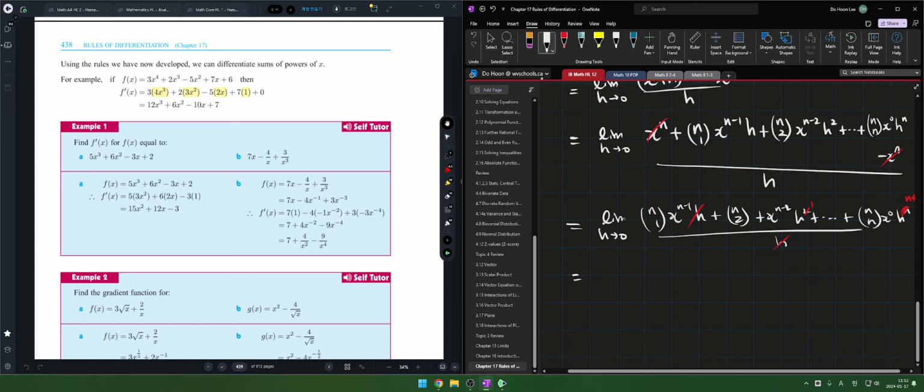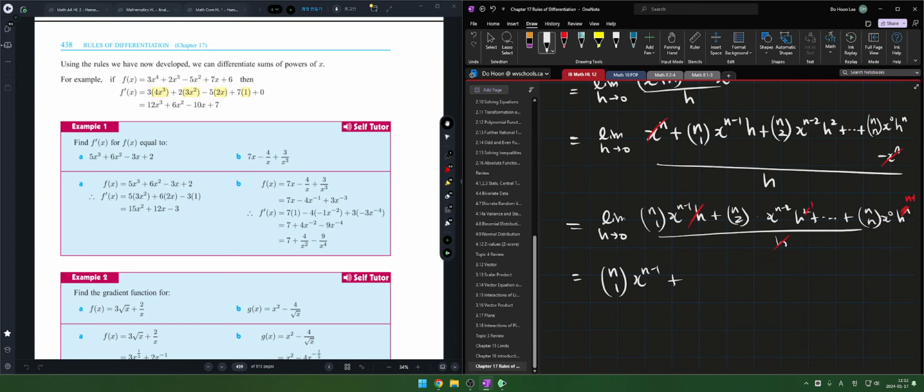And then we realize now we can take the limit. Apply the limit, then it becomes n choose 1 times x power of n minus 1, plus, and then what happens next? All the other terms always have an h of some sort, whether it be h squared, h cubed, h power 4, and so on, all the way to h power of n.